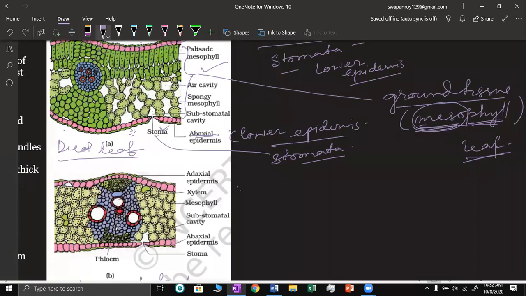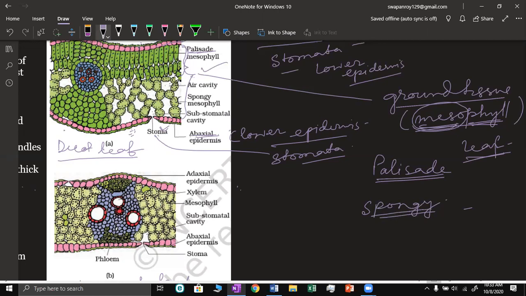This layer is called the palisade tissue. So ground tissue is differentiated into palisade, and this one is like a sponge. As in a sponge, there are a lot of air pores, so here loosely arranged cells are there. So it is called spongy parenchyma, and palisade parenchyma.